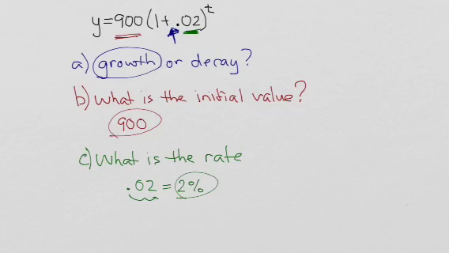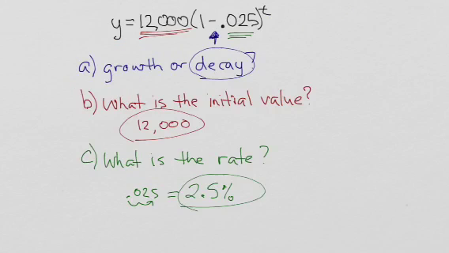So for example, if I go back, this example, since it was plus, if I actually rewrote that, it would be 900 times 1.02 to the t power. Go ahead and add the 1 plus 0.02. Since this answer is bigger than 1, I know it would be a growth. Whereas in this one here, if I went ahead and subtracted, that would be 12,000, and then 1 minus 0.025 would be 0.975.